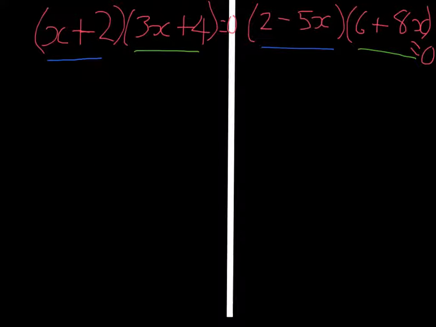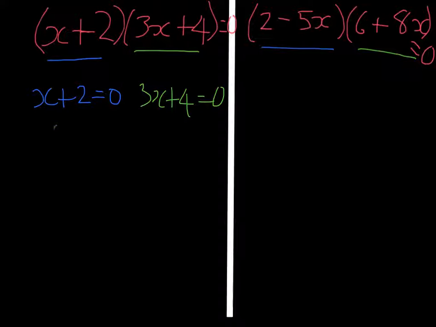Let's look at the first quadratic equation. Either of these sides must equal 0, so we're going to let them be equal to 0. So x plus 2 is equal to 0, or 3x plus 4 is equal to 0. Then it is simply being able to solve the equation as you would any other linear equation.